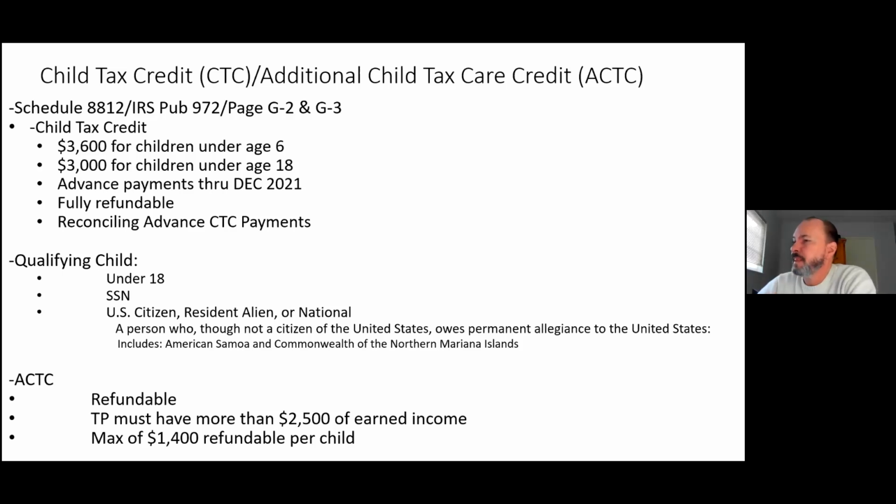Taxpayers can receive the credit for qualifying children who turn age 17 rather than 16 in 2021. Eligible taxpayers may receive part of their estimated credit in 2021 before filing their 2021 tax return.